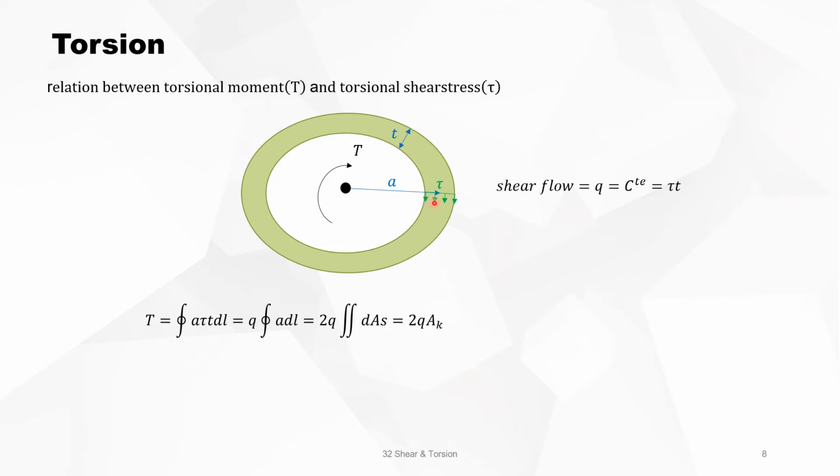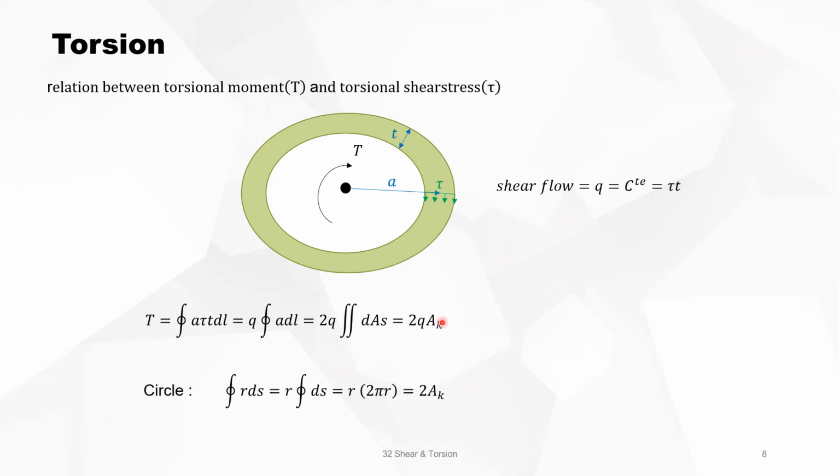It's in fact this force times r, and then the line integral dl, and then you see tau times t is a constant, is q, the shear flow, and this element, the line integral of r dl, is of course equal to 2 times the enclosed surface AK, which is the enclosed surface of the midline of the section.